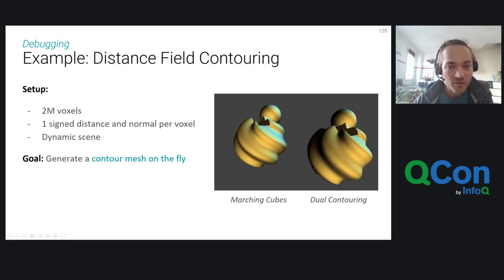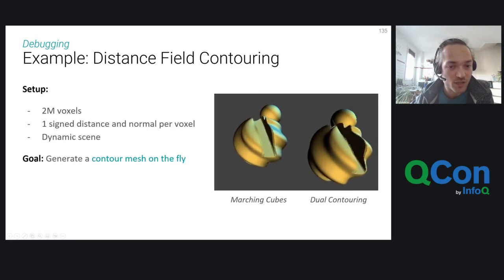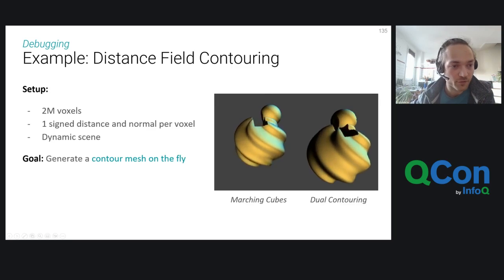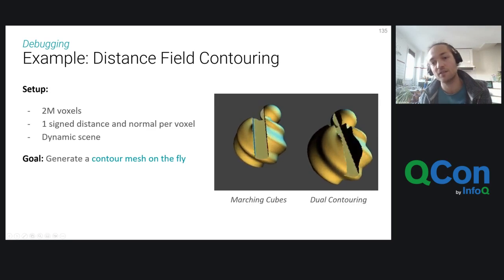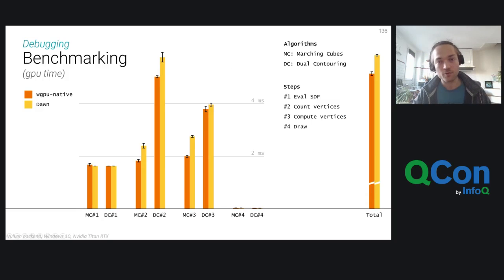And just taking a little example here, since I'm talking about figures, I'm going to show some for comparing two algorithms for contouring signed distance fields. I'm comparing both algorithms, and I'm also comparing the WGPU native and the Dawn version. I'd be careful with those figures.